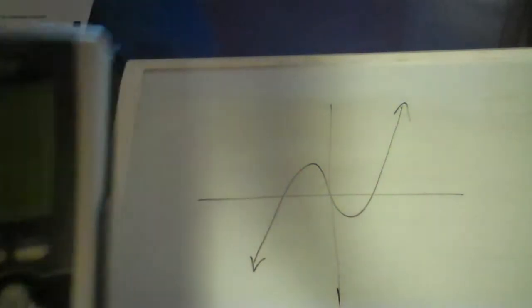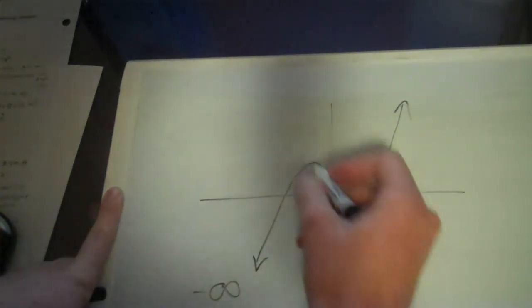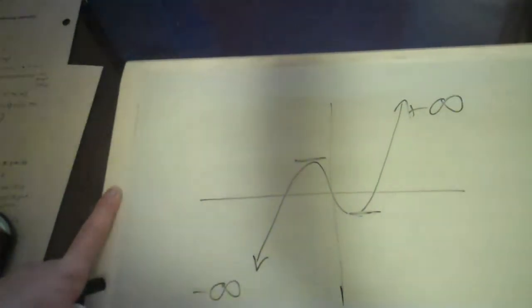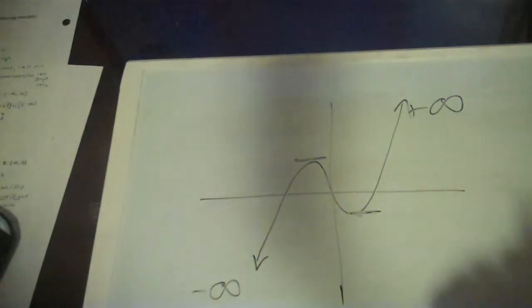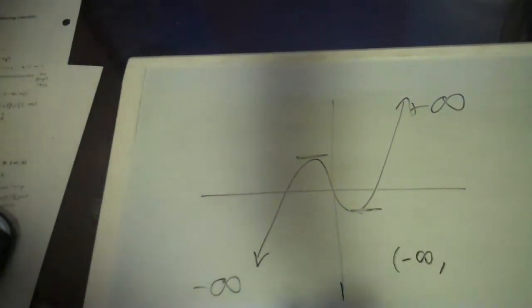Basically what this question is asking is where is it increasing? It's increasing from negative infinity to this point, and then it increases again from this point to positive infinity. So you're going to write in interval notation negative infinity.